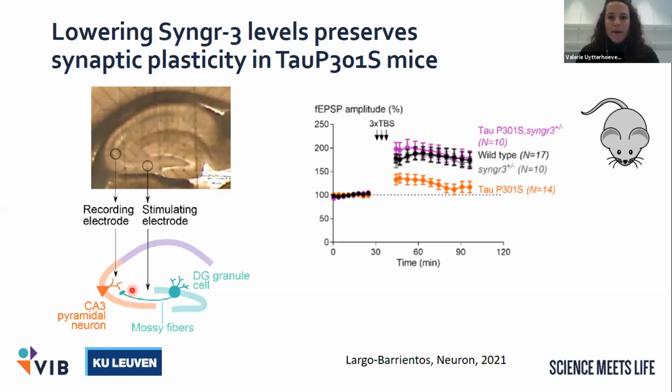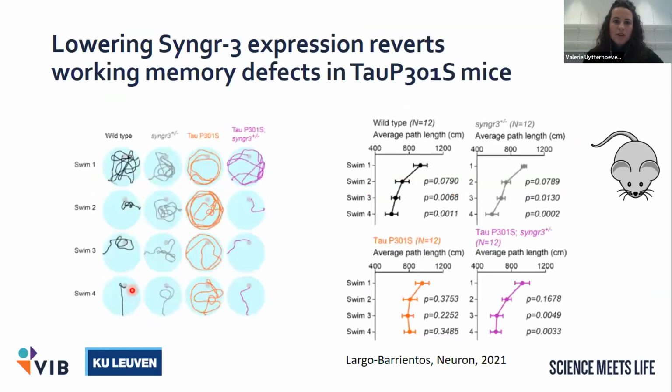We also tested the effect on memory and cognition. We know that tau P301S mice have defects in a working memory test in a Morris water maze. They need more time and they have to swim more to find the platform back.